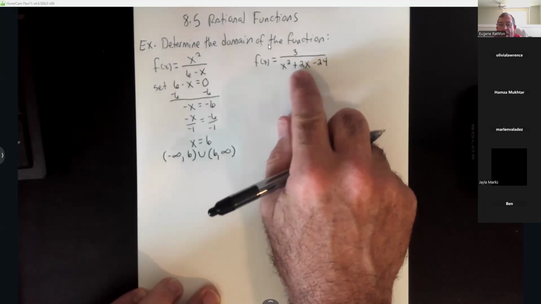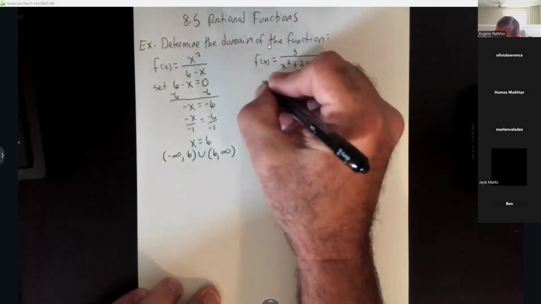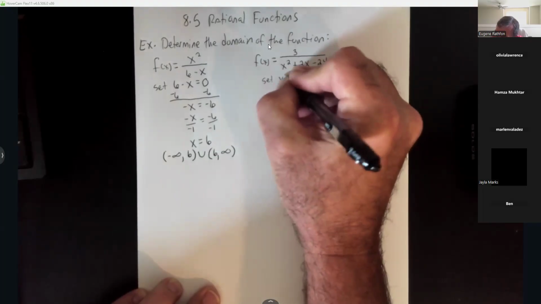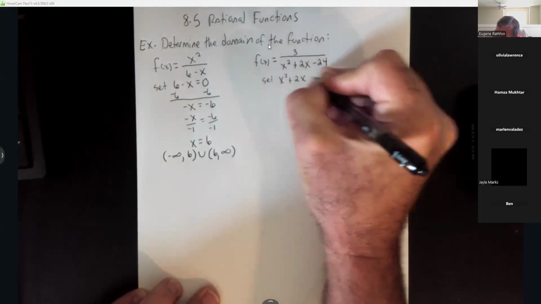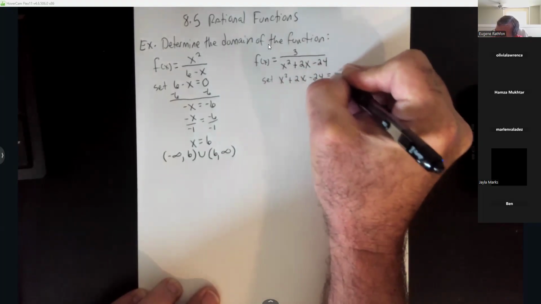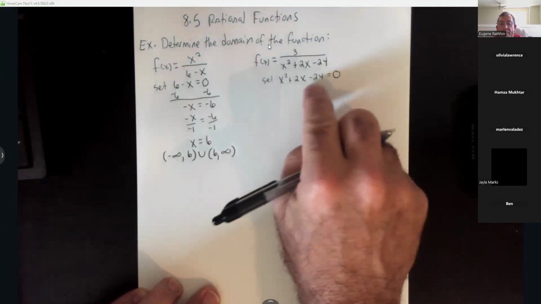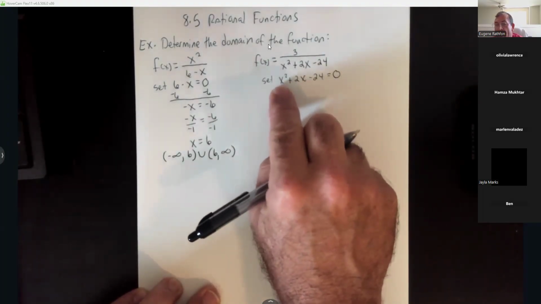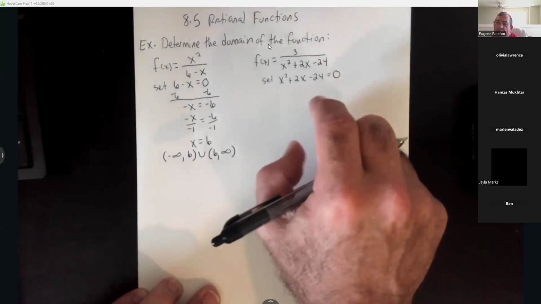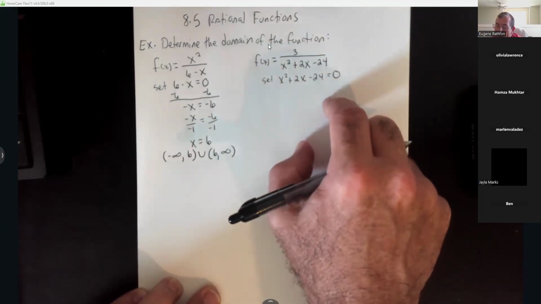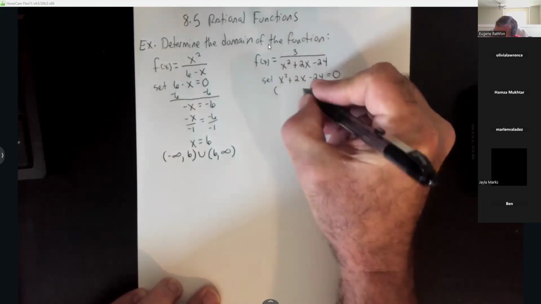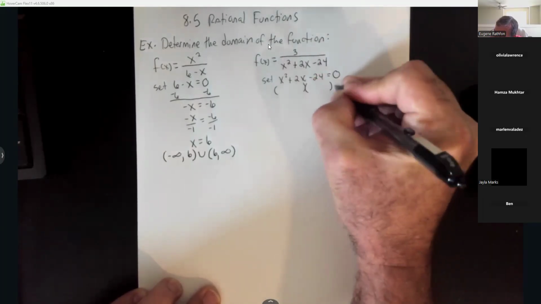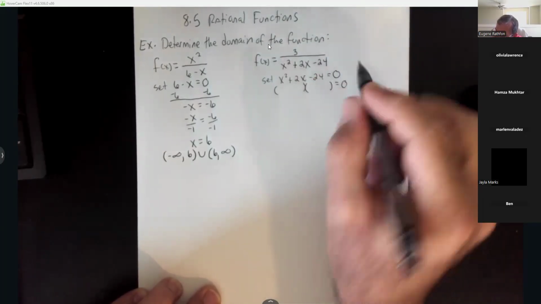All right, so I'm going to set that denominator equal to 0. So the trick on this one is to factor this one. Since it's quadratic, you can either factor it or use the quadratic formula. But y'all, these aren't bad to factor if you just get used to them signs here.